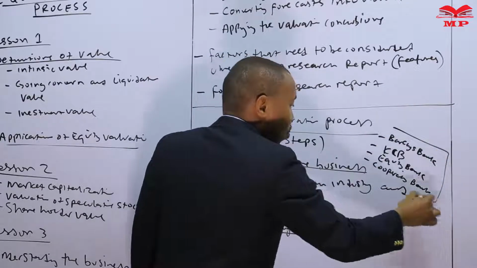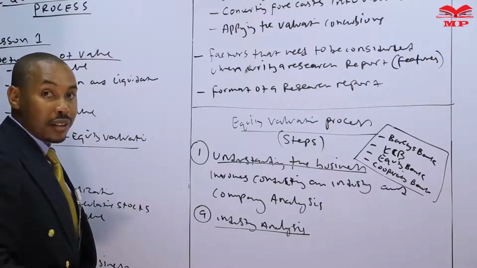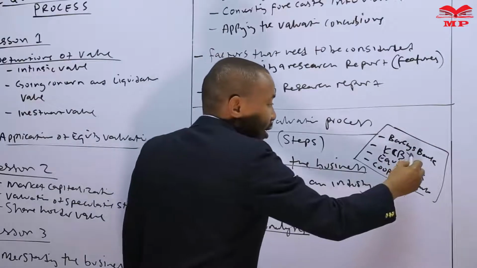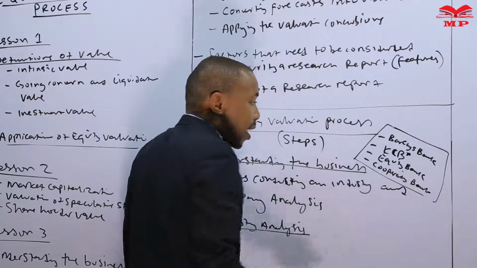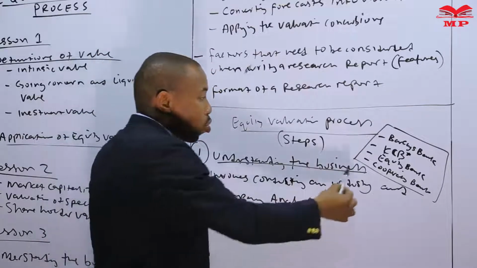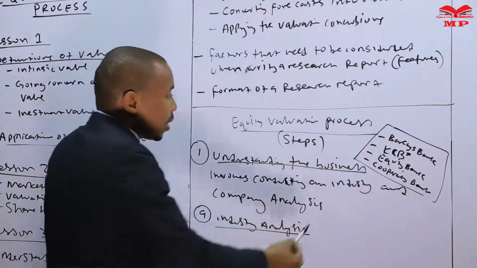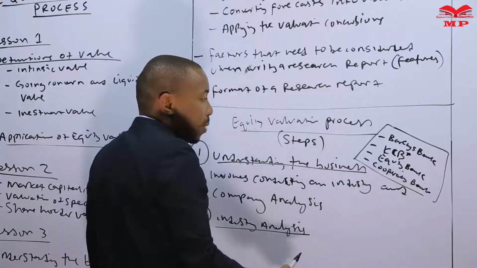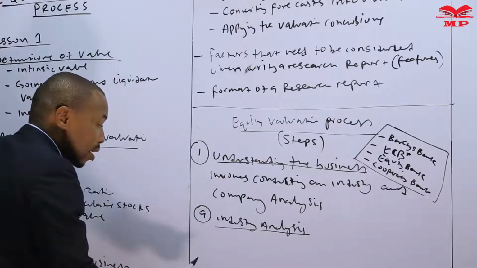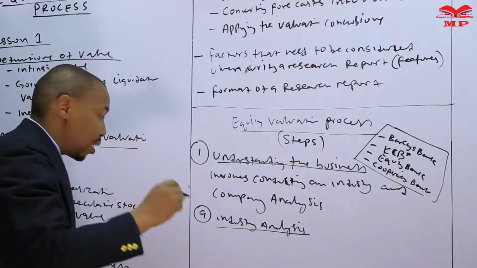This is just a synopsis of what performing an industry analysis involves. So you look at the competitors. This is the key company that you're conducting an analysis on. So you look at companies which have similar assets and liabilities. And when conducting industry analysis, you need to consider Porter's 5 forces analysis.